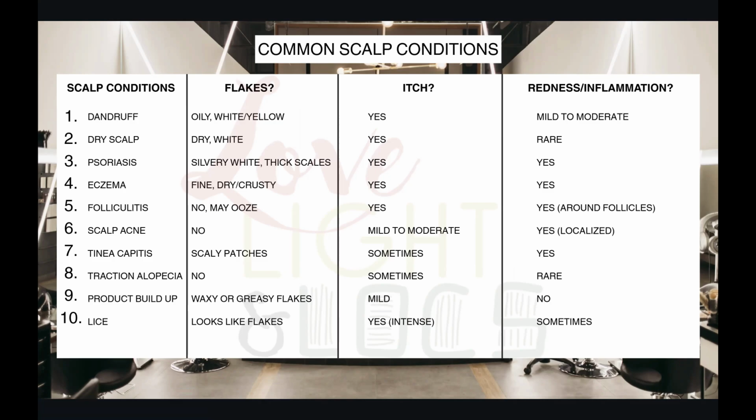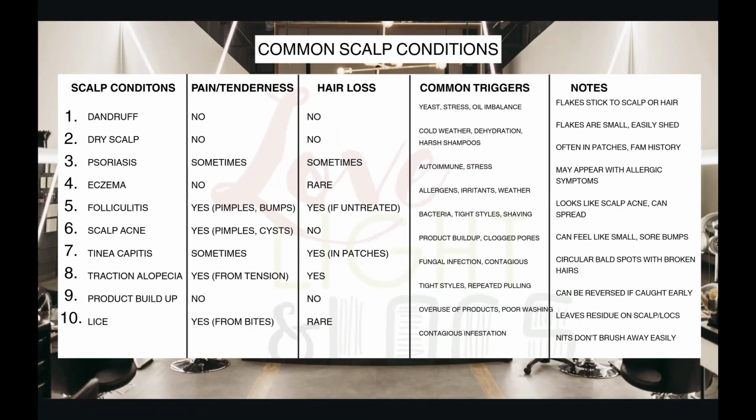Next up, we have traction alopecia. There are no associated flakes. Sometimes it'll be an itch. Rarely will there be redness or inflammation visible. There will be pain and tenderness sometimes due to the tension, which caused the traction alopecia.